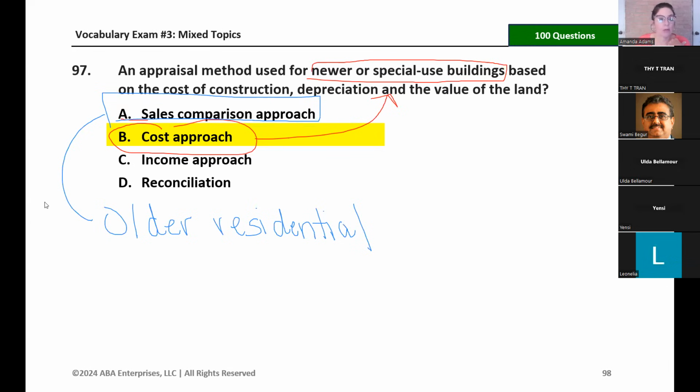And then the income approach, the last approach to value, is used when we look at rent and expenses to determine value. That would be in large income producing properties like apartment buildings, shopping centers, strip malls. Make sure you know the 3 different approaches to value, and the differences in them.